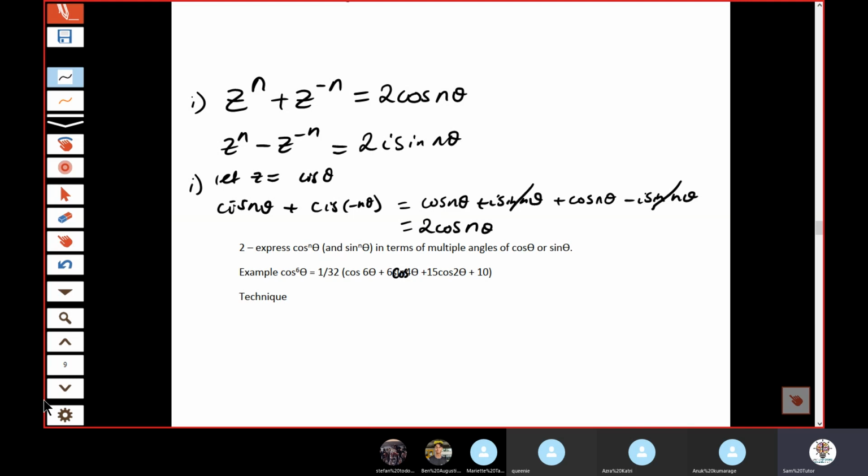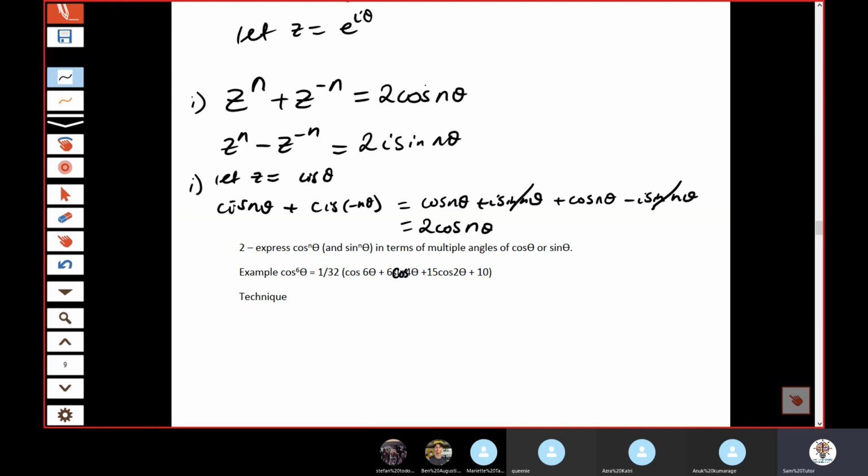All right, just make sure you can do it. I think in this year's paper, they did it as let z equal to e to the i theta. Which we don't use. That was a trick. Don't use e to the i theta, use cis theta. Otherwise, how are you going to get from e to a cos?